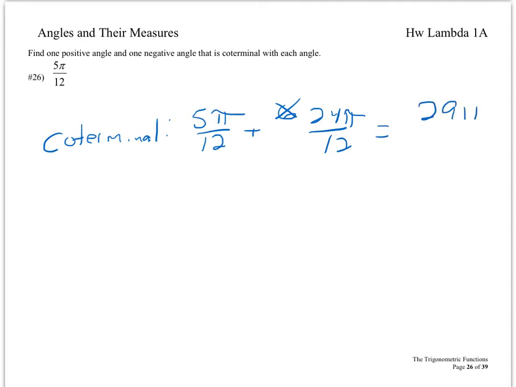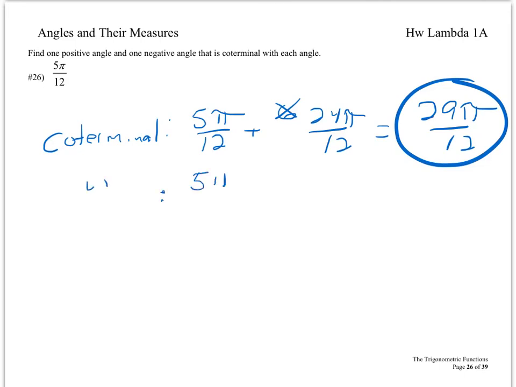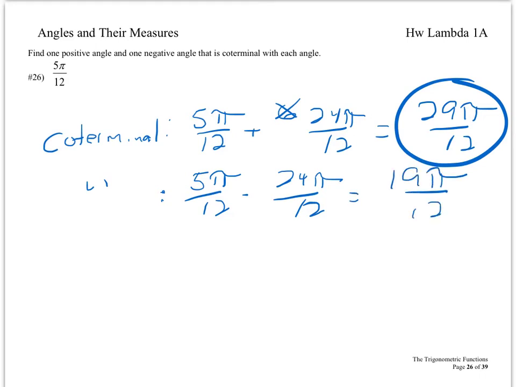So if I add these, I get 29 pi over 12. That's one answer. To find a negative coterminal angle, I subtract a complete revolution, or a multiple of a complete revolution. That'll give us 19 pi over 12 negative. Two possible answers for this.